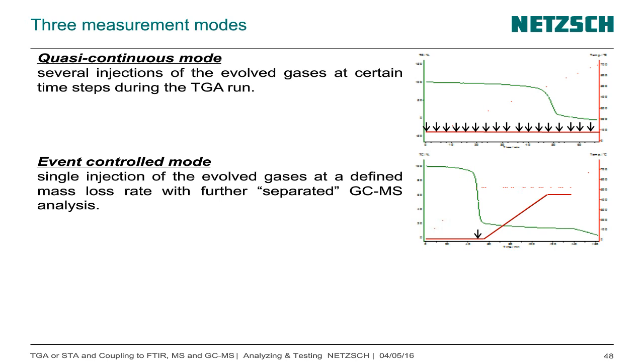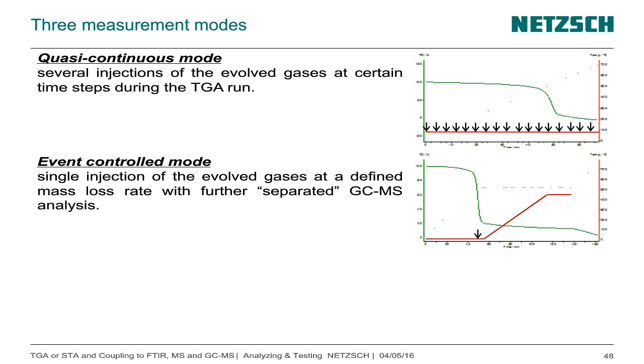Normally switching the valve, keeping the column at low temperature, then raising the temperature of the column, and then you have a better separation than if you would have the column always at the same, higher temperature. So this is a normal GC run, but this takes for sure some time, and if you want to follow the reaction, you can't always do it like this, or you must have a fast GC, but they are not so common at the moment for evolved gas analysis with TGAs.